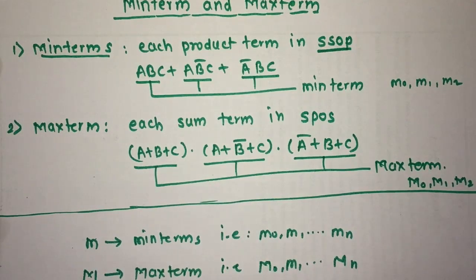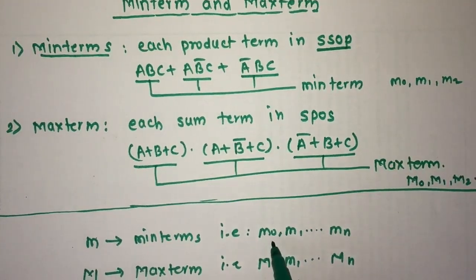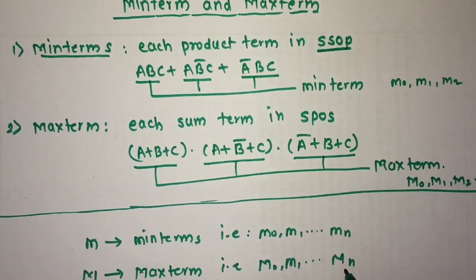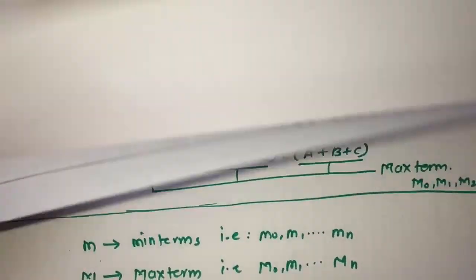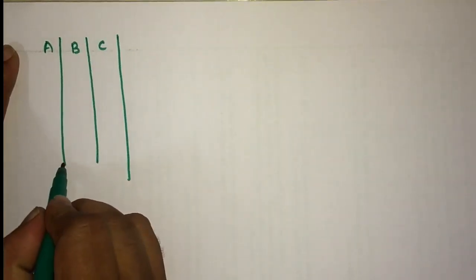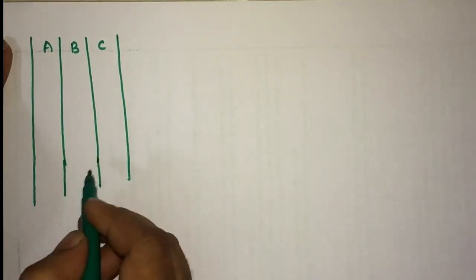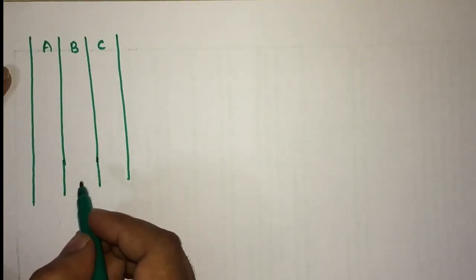Now we will see how to find out these numbers, the numbers of the minterms and the numbers of the maxterms. Consider that 3 variables are there, for example A, B, C. As we know, if we have 3 variables, how many input combinations are possible? 2 raised to 3, that is equal to 8.